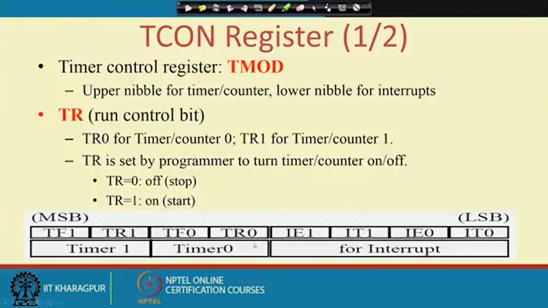The upper nibble is for the timer operation, and here you see the bits TR0 and TR1. TR0 is for running timer counter 0, and TR1 is for running timer counter 1. If you set the TR0 bit to 0, then the timer will be stopped, and if you set the TR bit to 1, then the timer will be started.